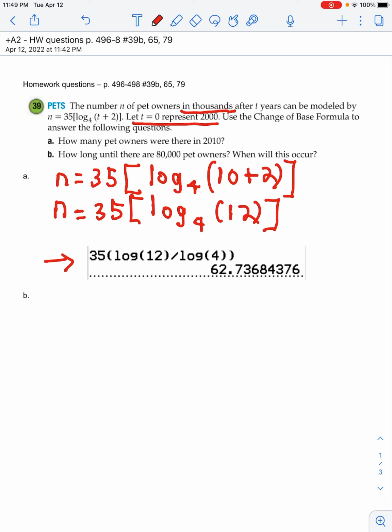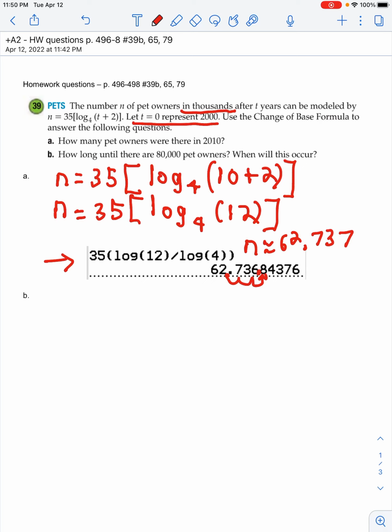So if you multiply that answer by 1,000, that's going to move that decimal point over right here. And if we round it up to the nearest thousand, the interpretation would be that n is about 62,737 pet owners.